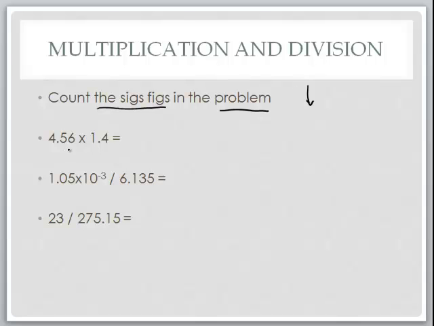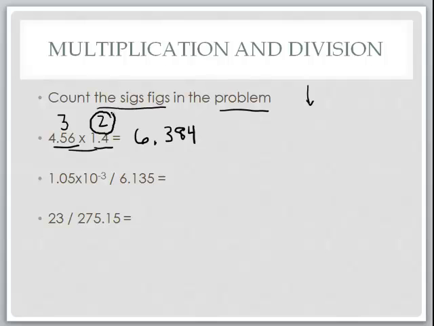So for instance, let's do this problem here. We have 4.56 times 1.4. If you do that in your calculator, you get 6.384. So what you want to do is count the number of sig figs in each number in the problem. This one has 3. This one has 2.